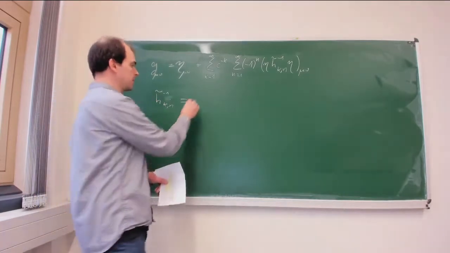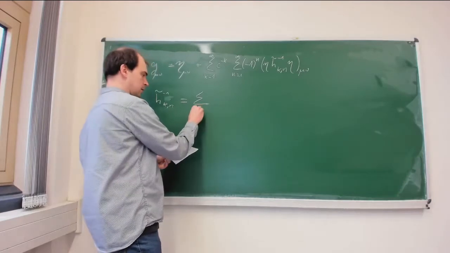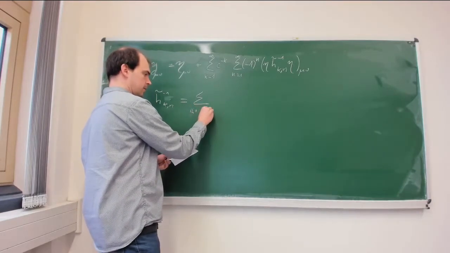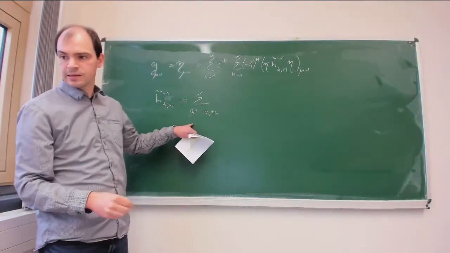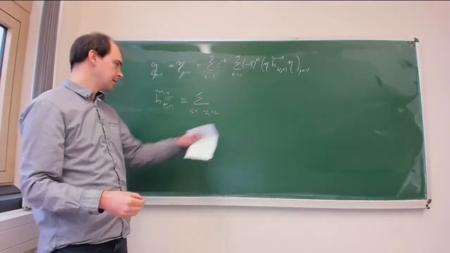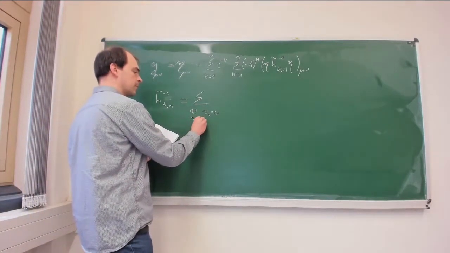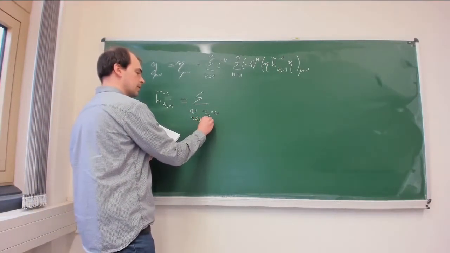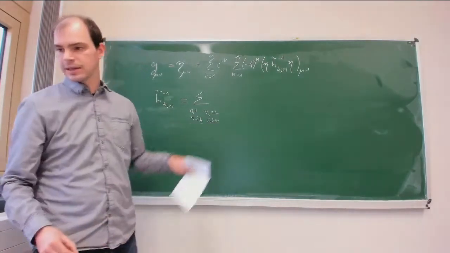It's the sum over these n indices j1 up to jn that sum up to k and are all between 1 and k.